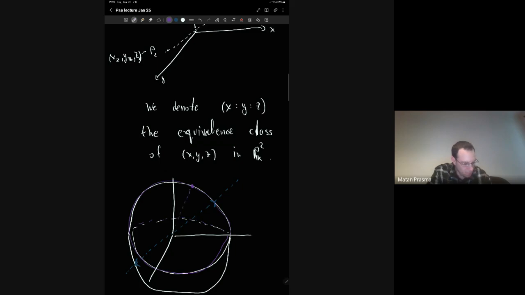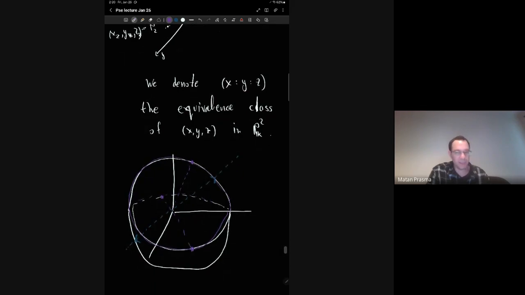This line. And in the points on the base circle, I would need to identify antipodal points because they will belong to the same line. Okay, so you could visualize the projective plane over the real numbers as an upper half of the sphere, in which in the base circle you identify two opposite points.